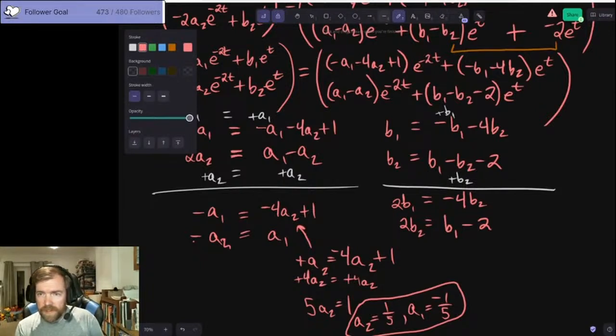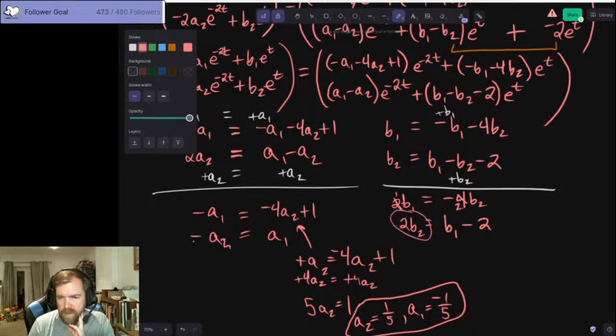So in the first case, divide 2 off from each of the pieces. Alright, b1 is going to be negative 2b2. So we can flip the sign on this.